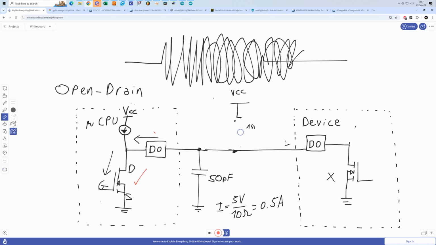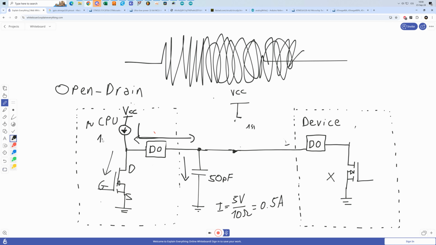Now, if the transistor is turned off, then this current source will charge this capacitor over here, and we do not need any external resistors at all. So that's nice and handy, but the problem is that these integrated current sources can usually deliver very little current.